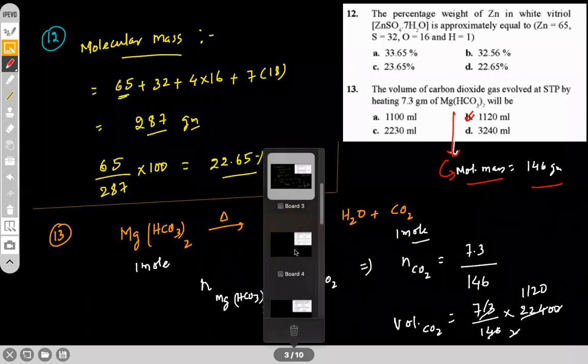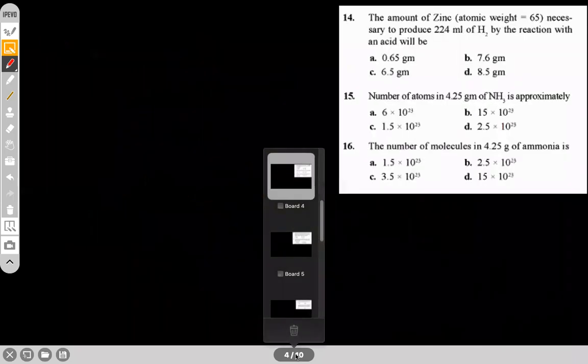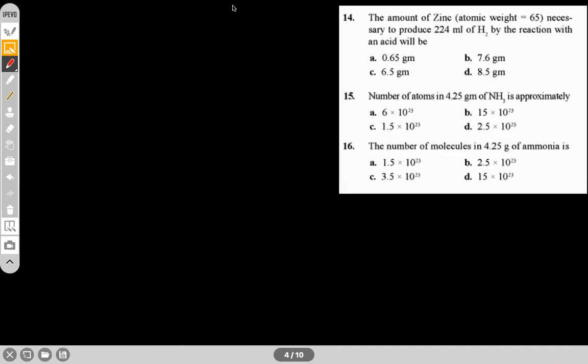Okay, next one. The next question is: the amount of zinc, atomic mass is given, necessary to produce 224 ml of H2 by the reaction with an acid.